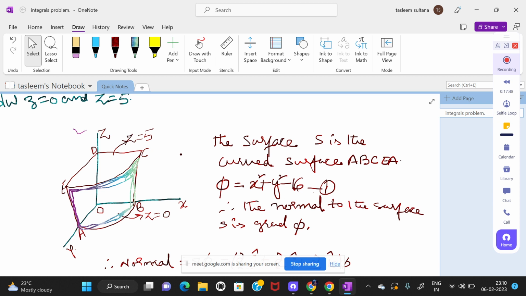I vector, yes. We are solving for o, b to c, then c to d. This one is facing towards your yz plane. So you are going to get the i vector.